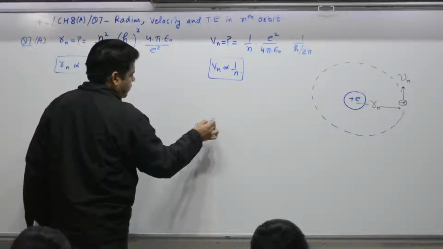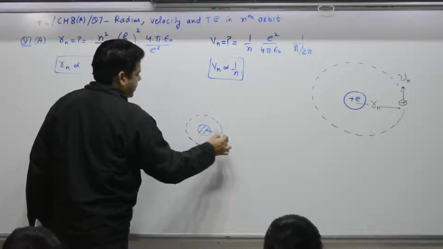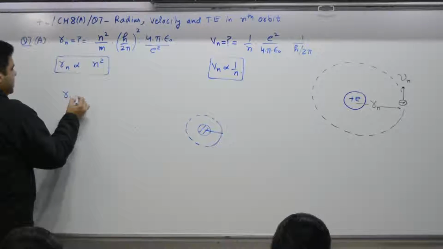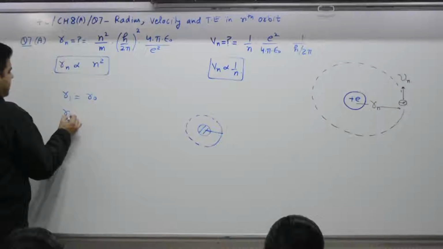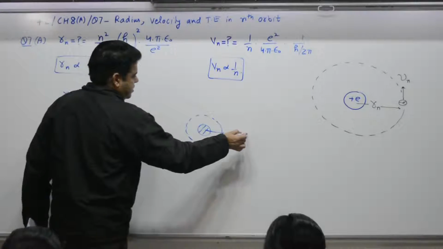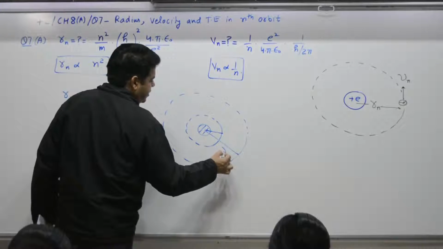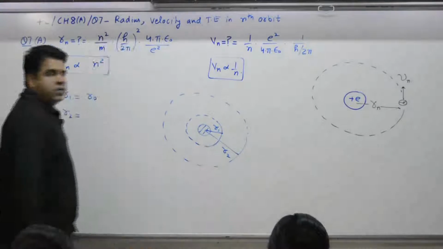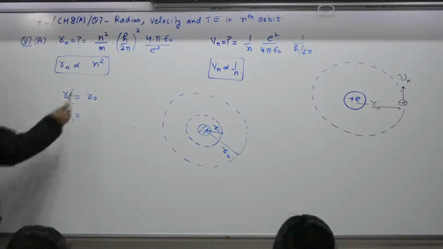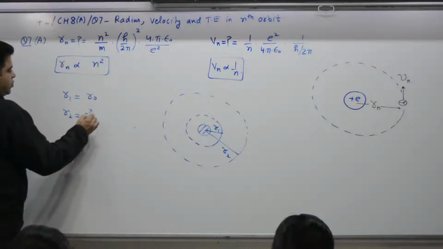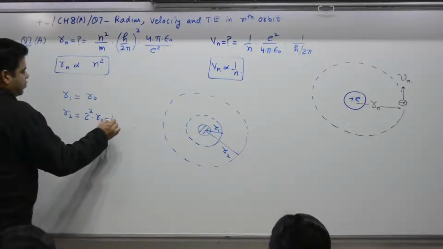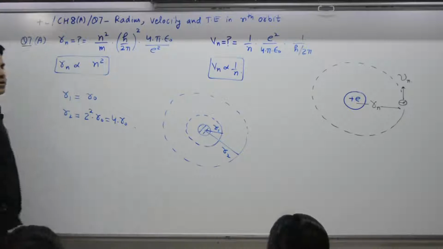The first orbit radius r1 is say r naught. The second orbit r2 will have radius n square times, 2 square times r naught. Number of questions in objective 4 or not.